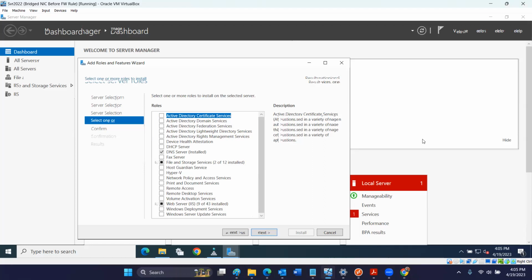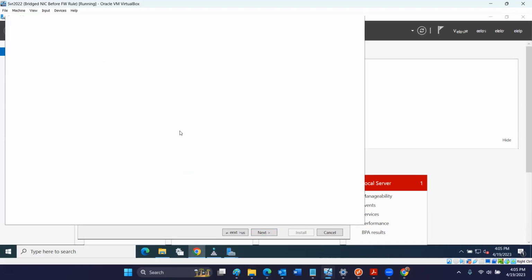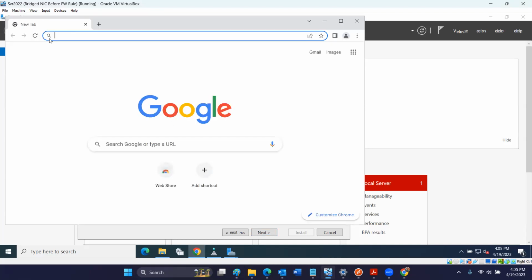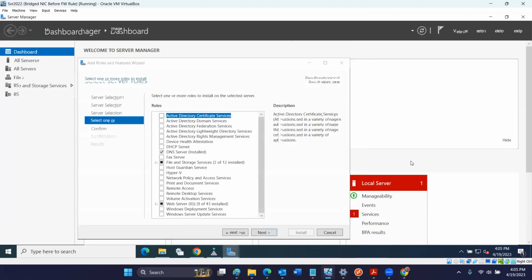What am I saying? Have you ever been to a website where it says, hey, this certificate's out of date or unknown? Have you ever been to one? Yeah, okay. What I'm trying to tell you is that the certificate services turn this system into a certificate authority, which is trusted by other systems, right?